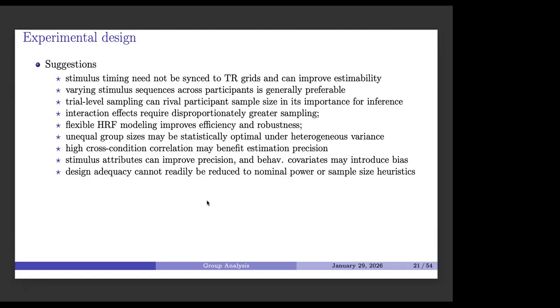Now, if we always fix on the TR grids, we may fail to get an accurate estimate at the peak, even if we use a canonical HRF. So that's the first point. You don't have to, but that usually will improve the estimability.